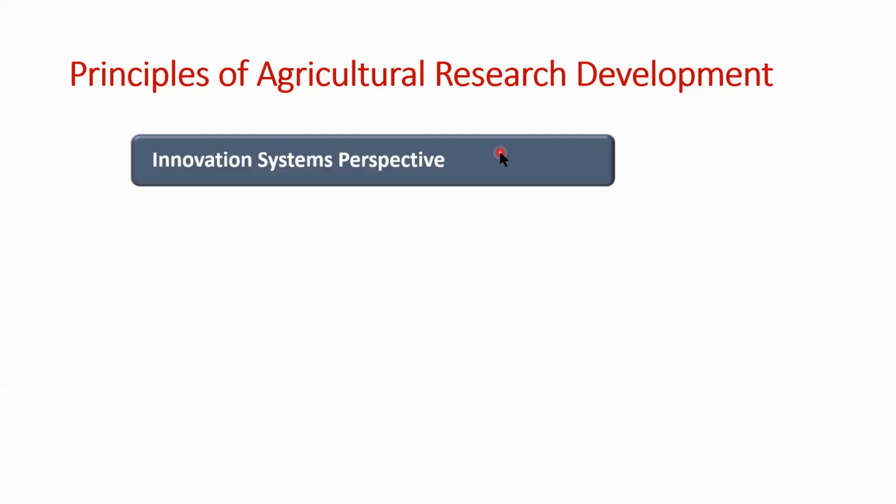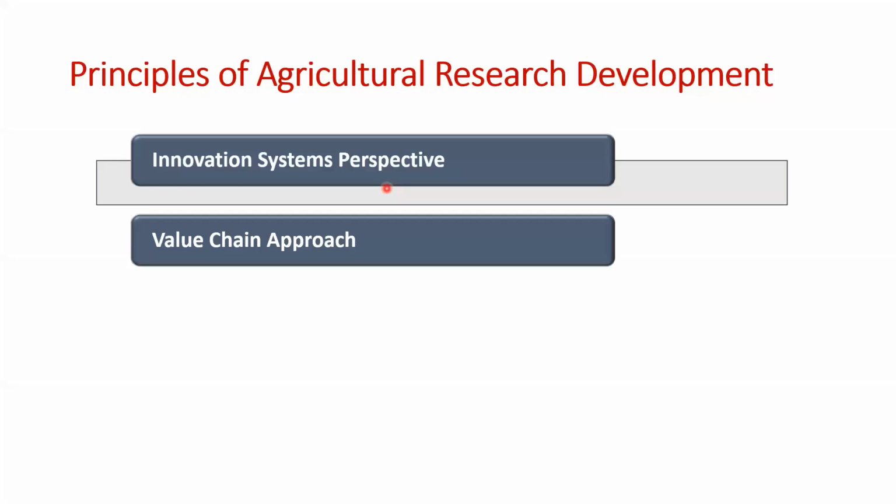Then there are certain principles of agriculture research and development. Some are relevant to innovation, systems, and perspectives. We have to generate the new systems. Then we have a value chain approach, that is also relevant to marketing.